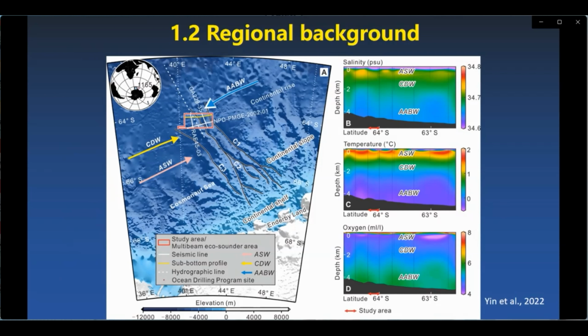Here there is a very well-developed submarine canyon-channel system on the downslope, and along slope there is Antarctic Bottom Water circulation, so this is a very good site for mixed system research.